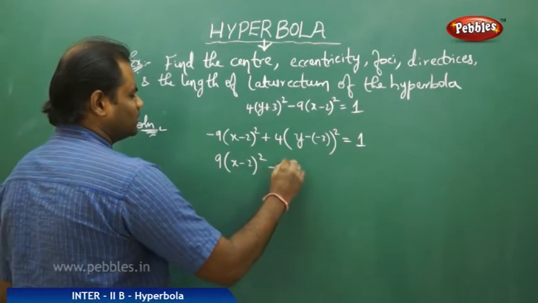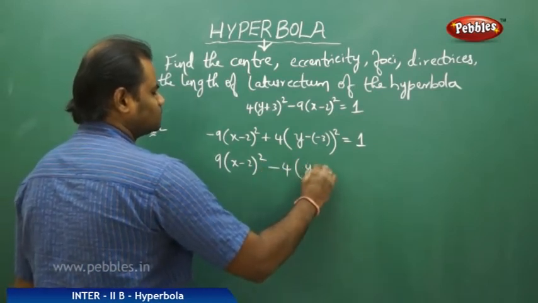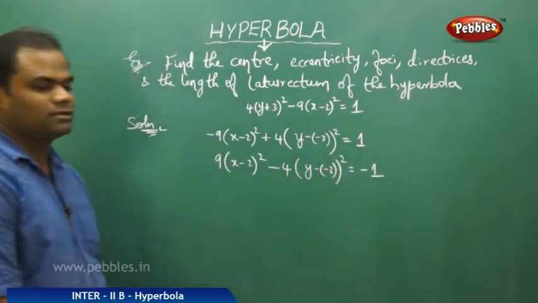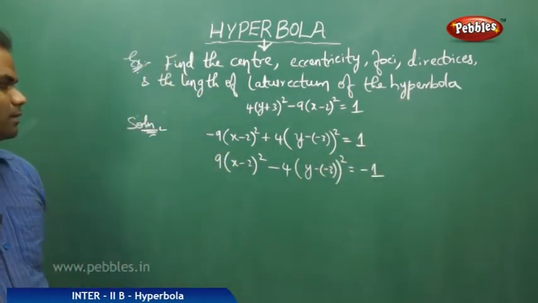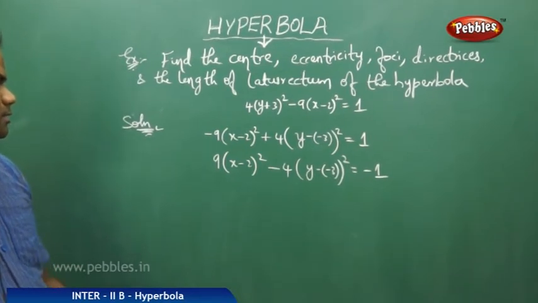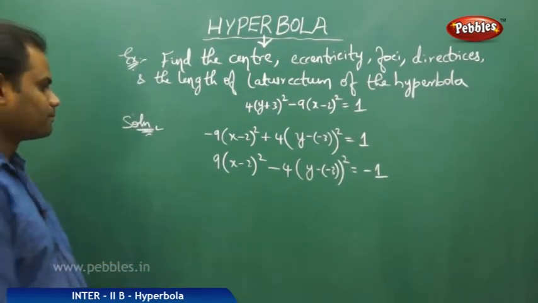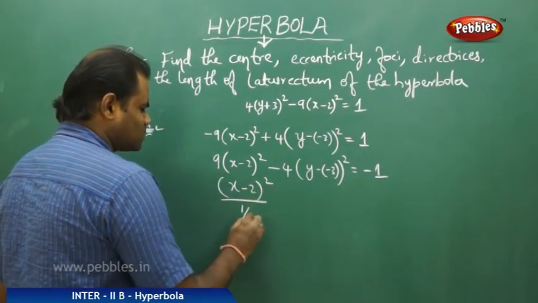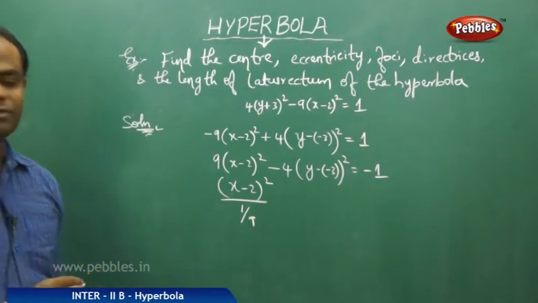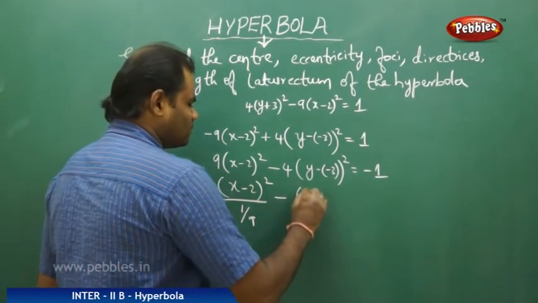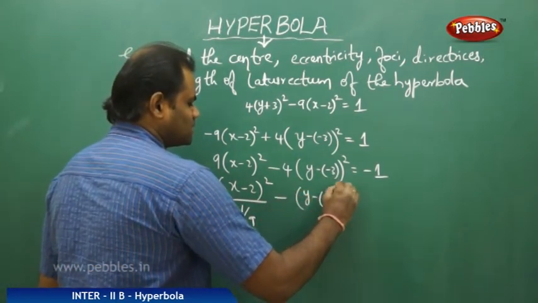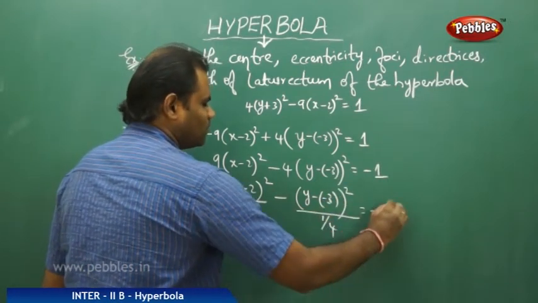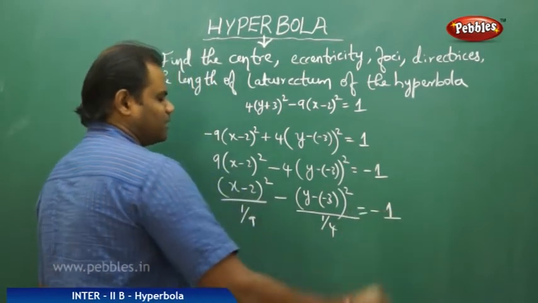I take minus common, and it equals minus 1. Further simplifying to get the standard form, I get x minus 2 whole square times 1 by 9, as 9 comes to the denominator, minus y minus 3 whole square by 1 by 4 is equal to minus 1.